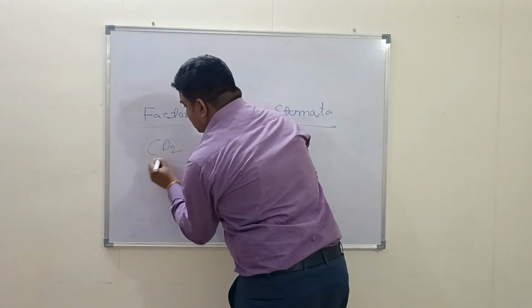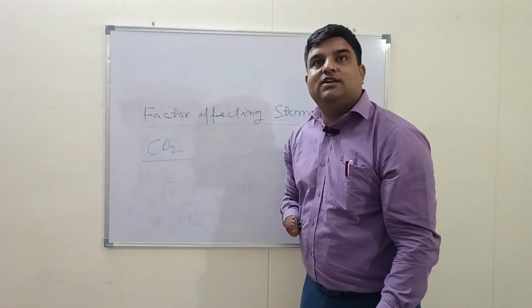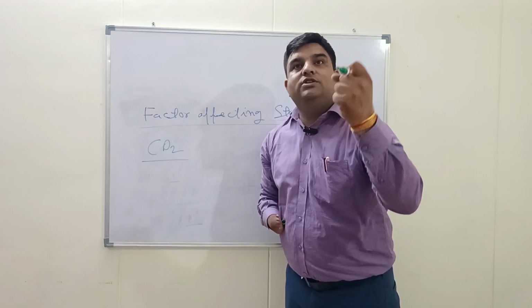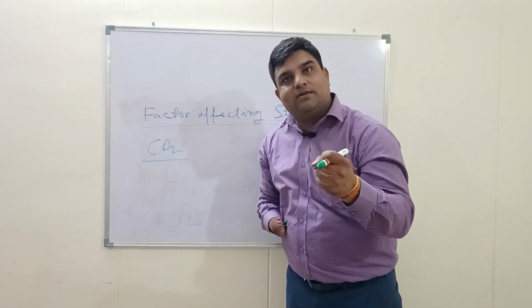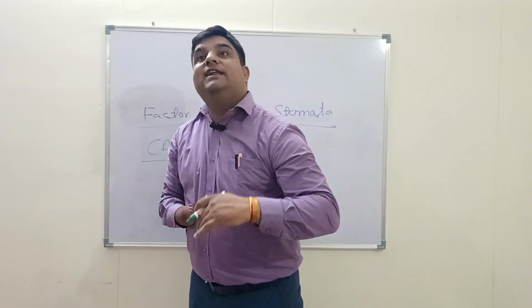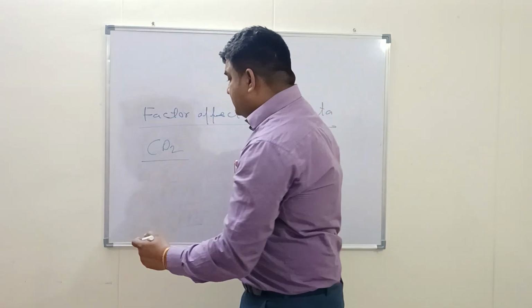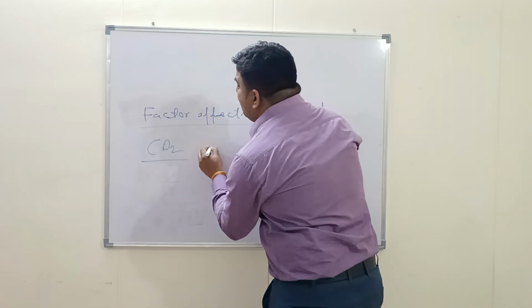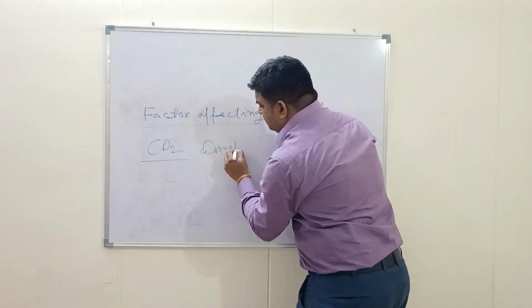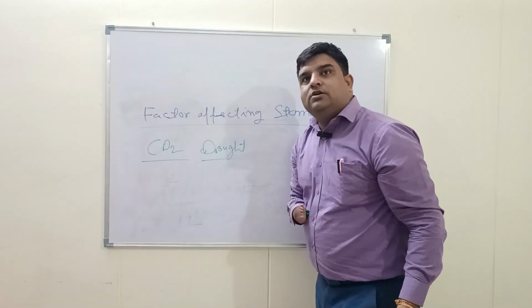CO2: high CO2 concentration leads to closing of stomata, and it also reduces the number of stomata on the leaf surface. Means you can say CO2 is an anti-transparent. Then another is water scarcity, so-called drought.